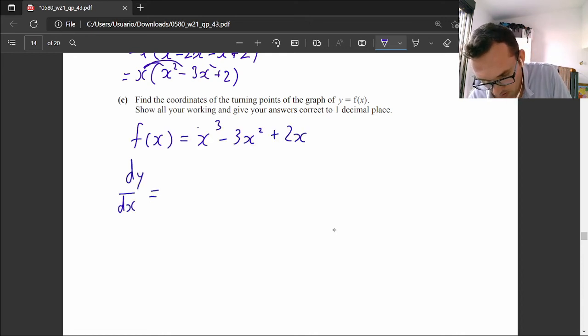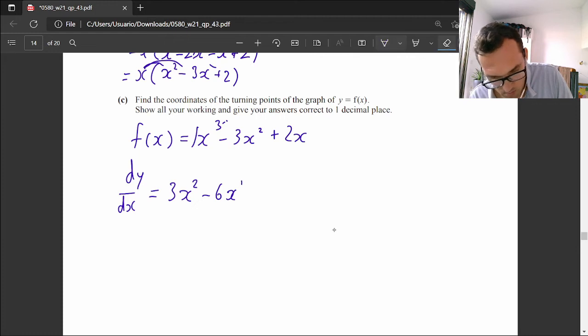So remember, 3 times 1 is 3. Subtract 1 from up there, that gives me x squared. 2 times minus 3 is minus 6. Subtract 1 from the 2, that gives me just x to the power of 1, or you don't have to put anything there. And the last one, imagine there's a 1. 1 times 2 is 2.